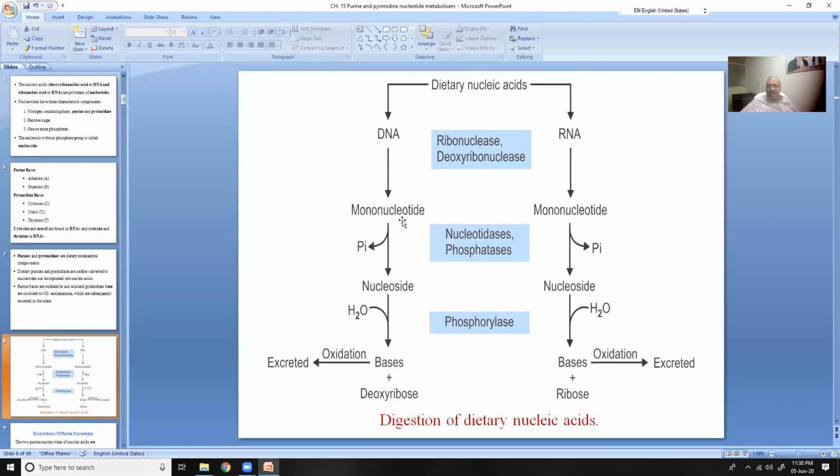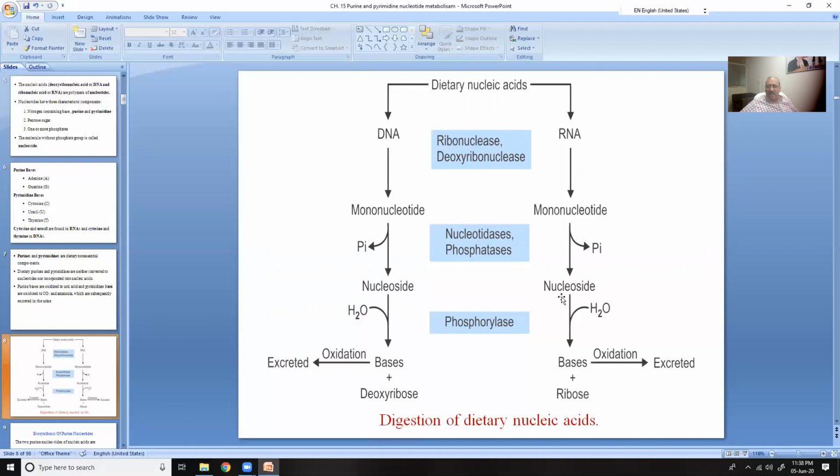Then nucleotides are changed to nucleosides, meaning phosphate is removed here and here both. So nucleotidases and phosphatases give us nucleosides. Then from nucleosides, with the addition of water, we get bases and deoxyribose. The base is oxidized and excreted.